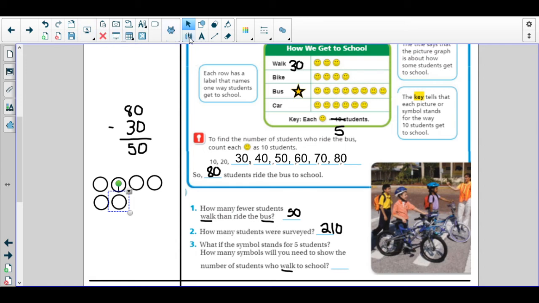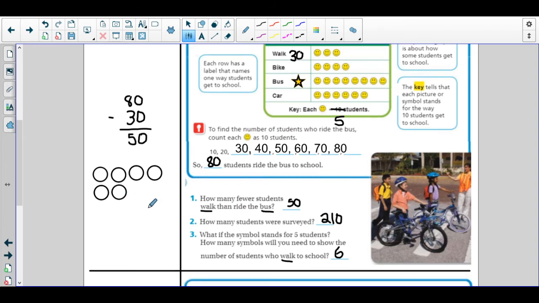So really what we've done, if we've cut this in half for what it stands for, then we've doubled this up here. So we would need 6 symbols to show that 30 kids walk to school.